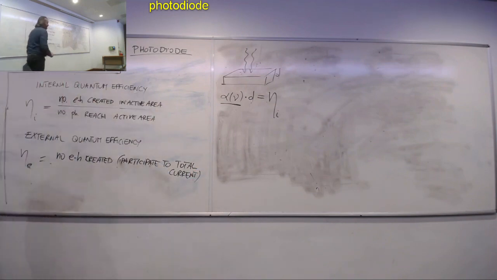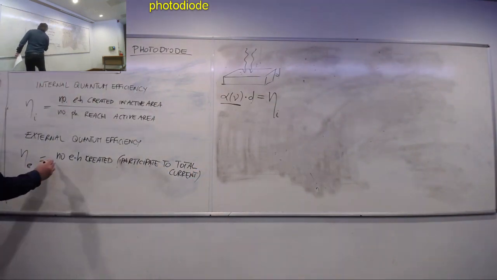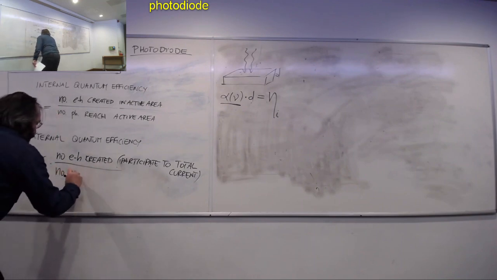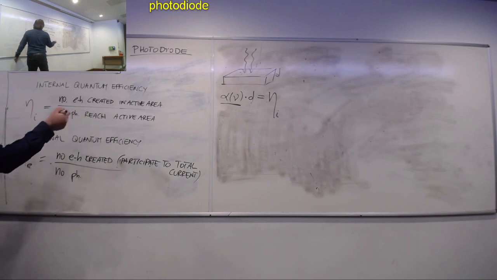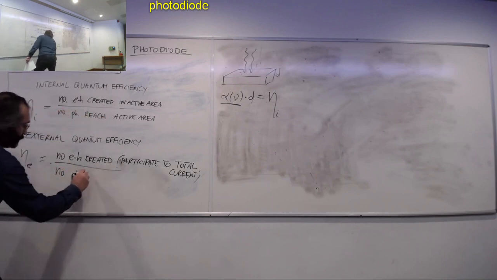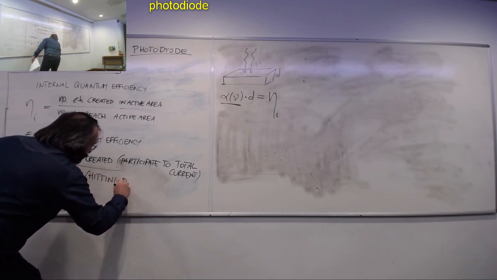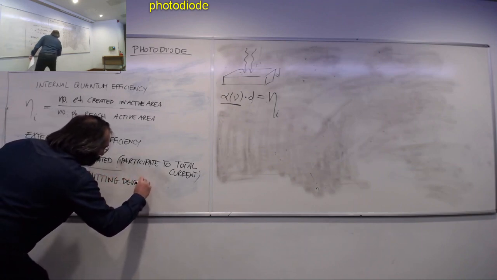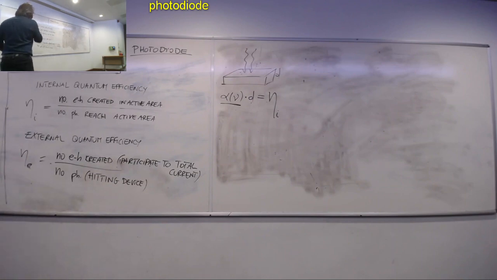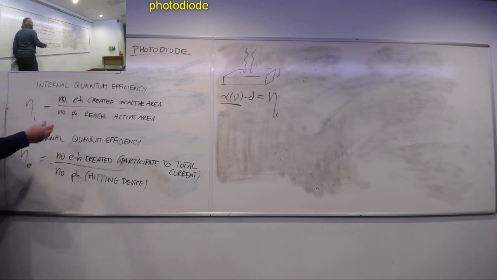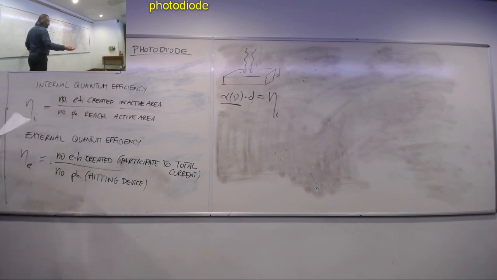That's what I mean here. Divided by the number of photons, let me put in parentheses, hitting the device. So obviously here what we are saying is that eta E, as we did also previously, contemplates the fact that some electron-hole pairs do not make it out.